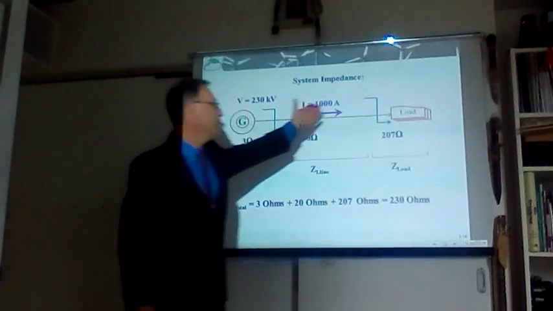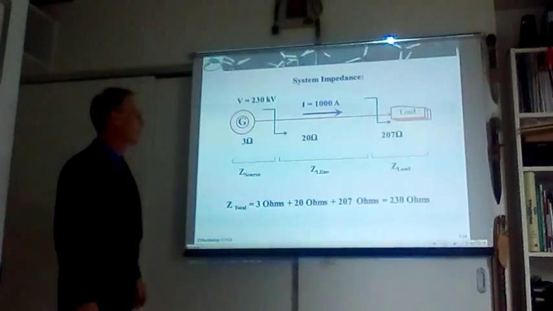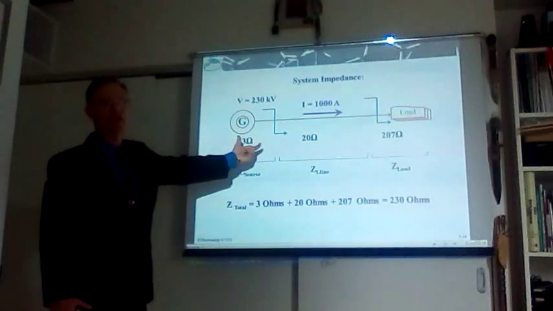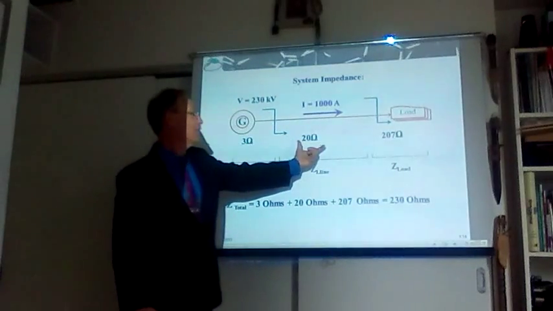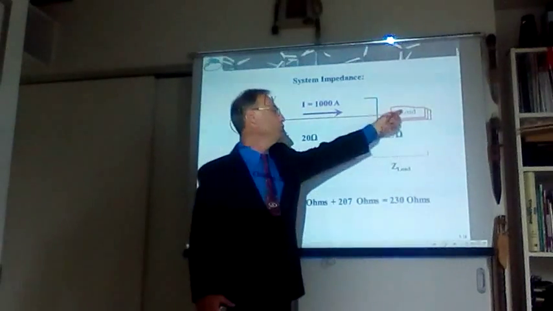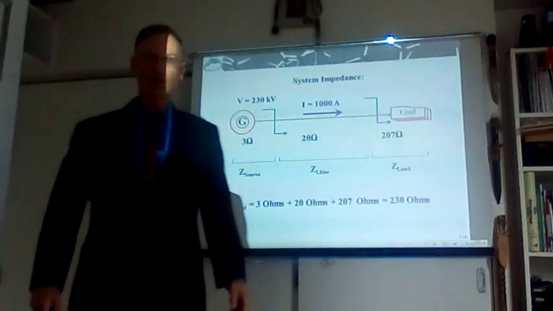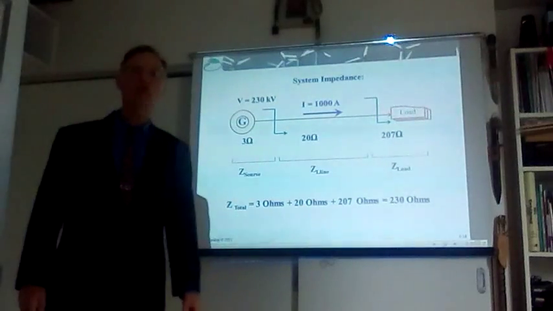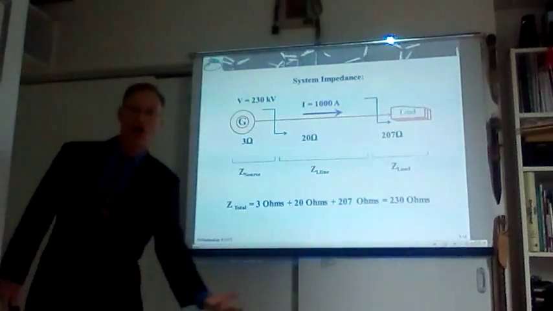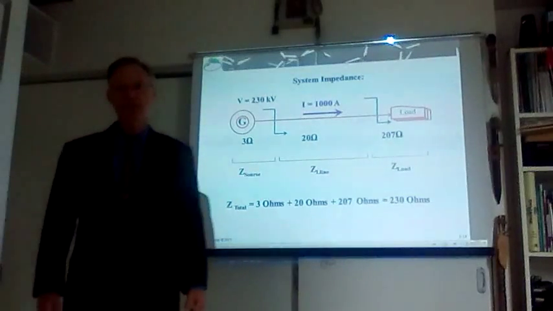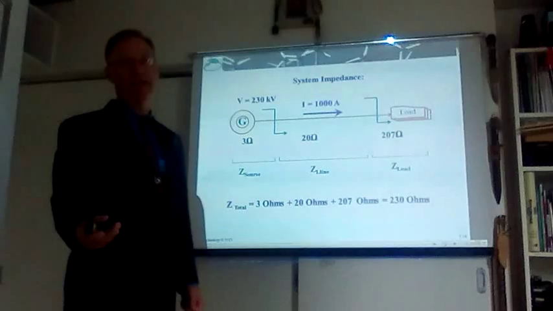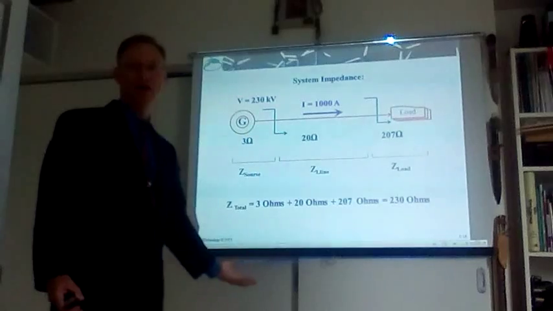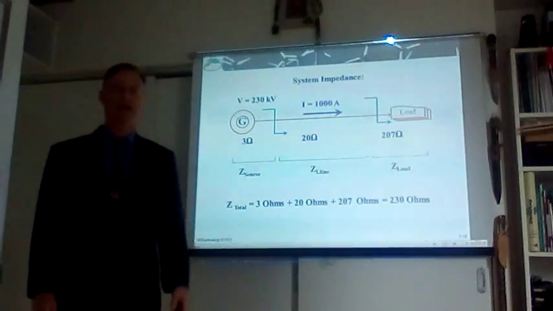The line starts at A, ends at B. During that stretch, we will have several impedances: one during the generation, one during the stretch of the line, and one due to the load. We will measure and follow this impedance all the time, and due to a fault, the moment we see a drop in the impedance, we will notify that with a CT measuring the current down to the protection relay.